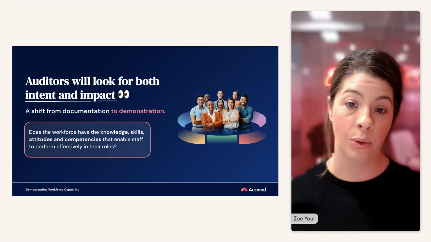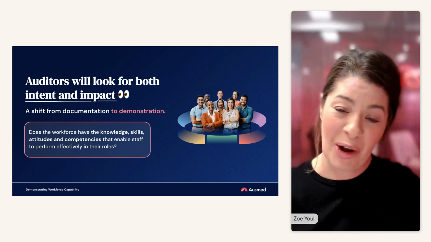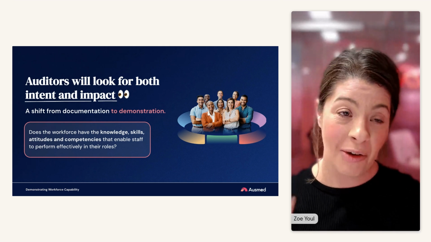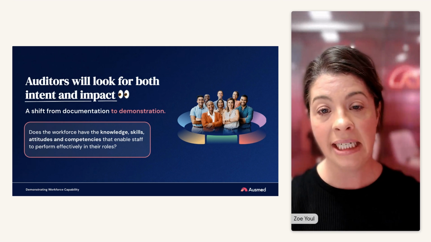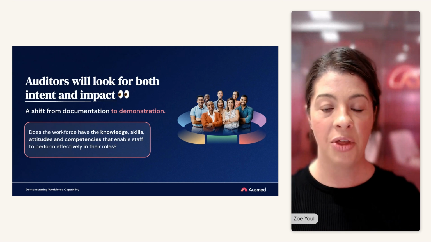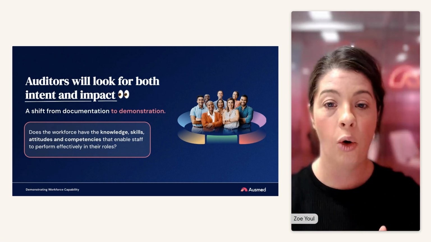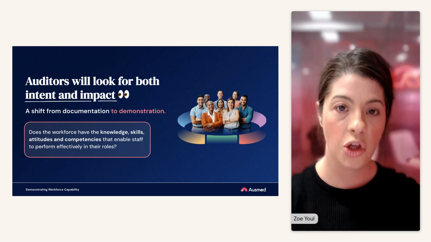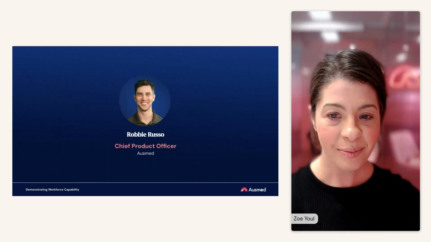Are they enabled to perform effectively in their role? So it's no mean feat. As I said, I do genuinely want to keep acknowledging this is a massive standard to meet, but you are already doing so many of these things. Thinking about connecting those dots and aligning all levels, all people in your workforce, to share what you're doing is going to be really helpful in an audit.